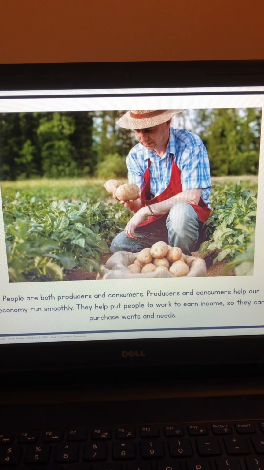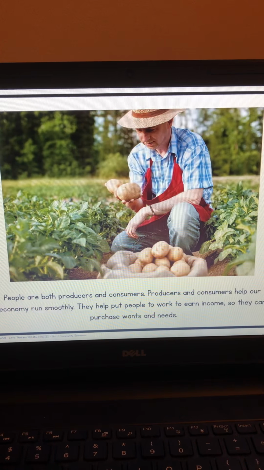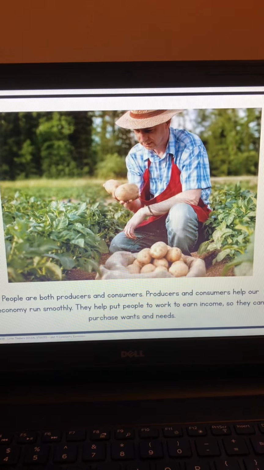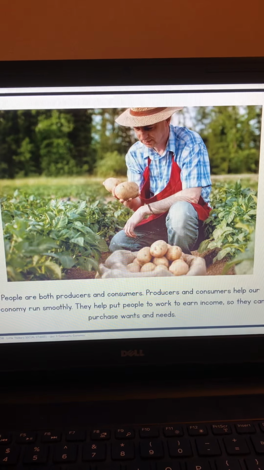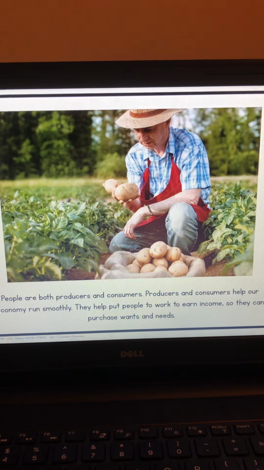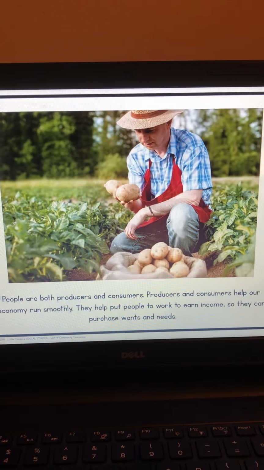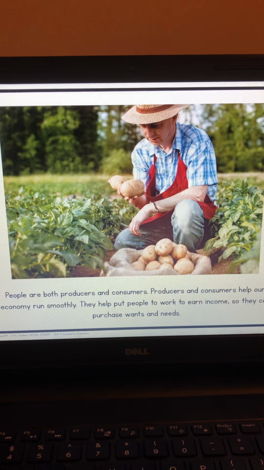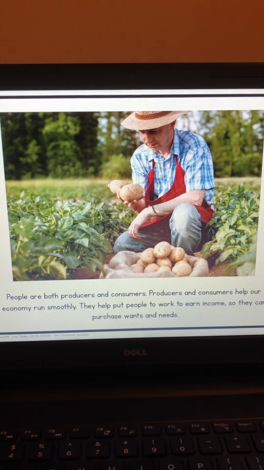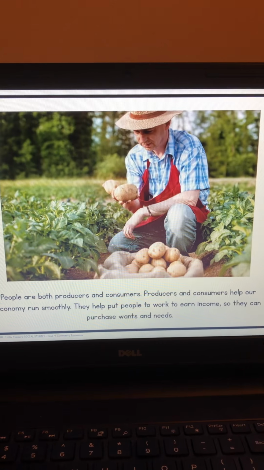He's using the money he got from the potatoes. Pretend someone gave him $10 for the potatoes. And now he goes to the movie and he spends that $10 to watch the movie. So once again, we are producers at some point, consumers at some point, and you need both to have an economy that runs smoothly.